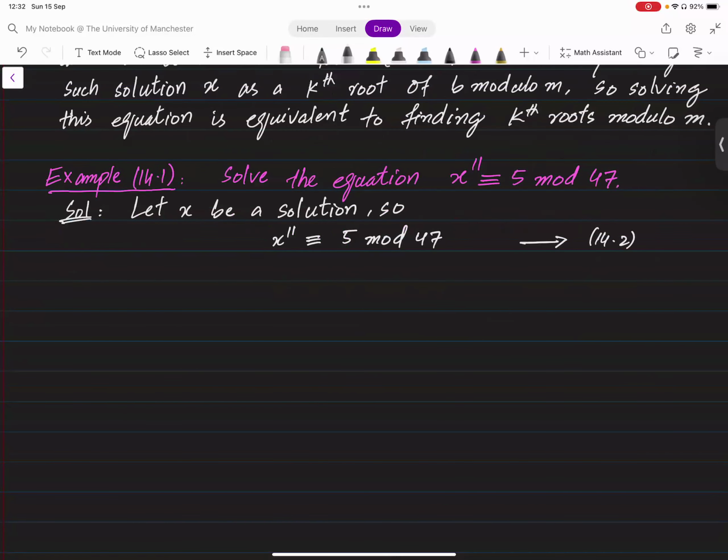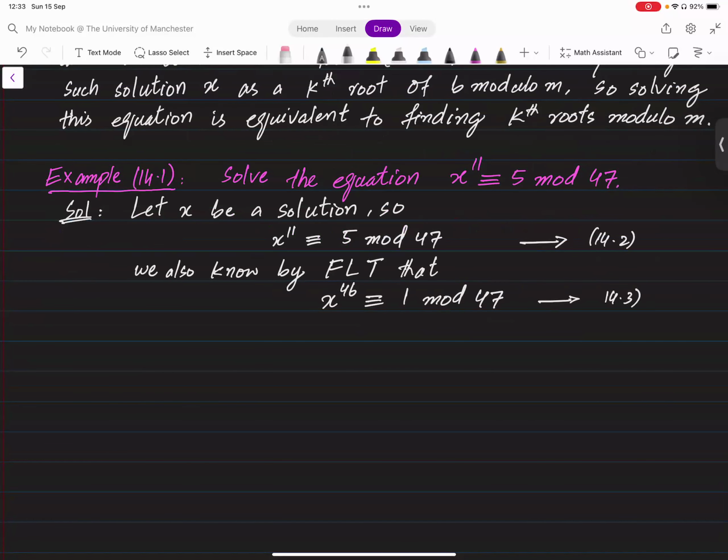Then we also know by Fermat's little theorem that x^46 is 1 mod 47, and this is equation 14.3.